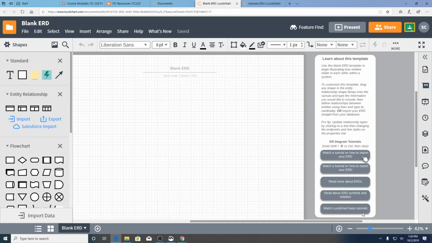Alright, so Lucid Charts. Go all the way to the bottom, education, and then your whole first name, your last name, at Seattle Colleges .edu.